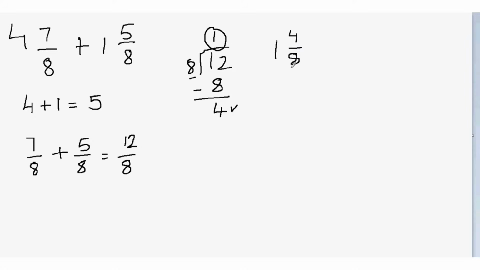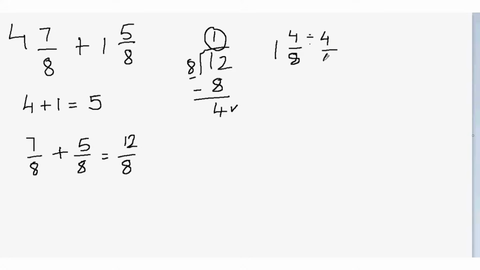Now you can see that 4 over 8 can be reduced. This is not in the simplest form. We can divide this by 4. We could divide by 2, but then you would have to divide again by 2 because you will not get the simplest form in one single step. So you always divide by the greatest number they're divisible by. So let's divide this by 4.